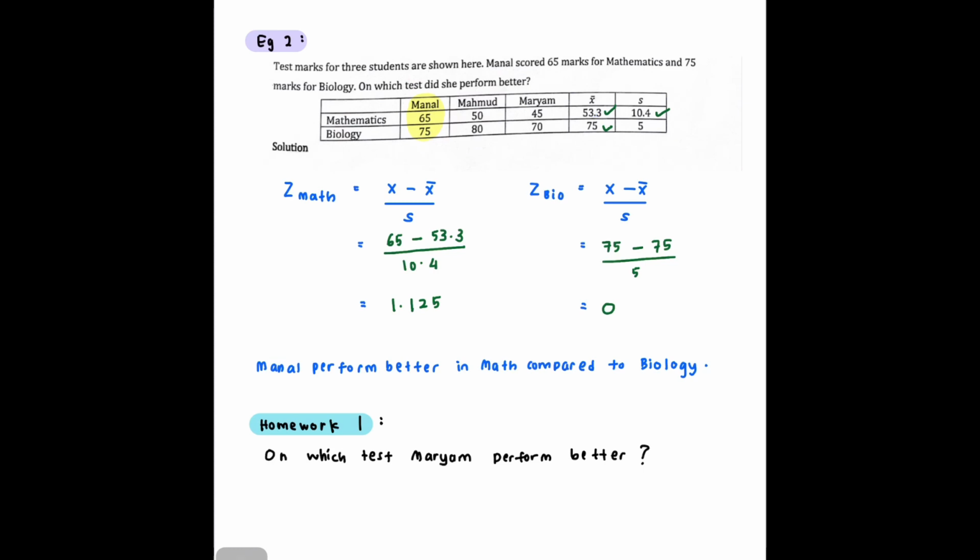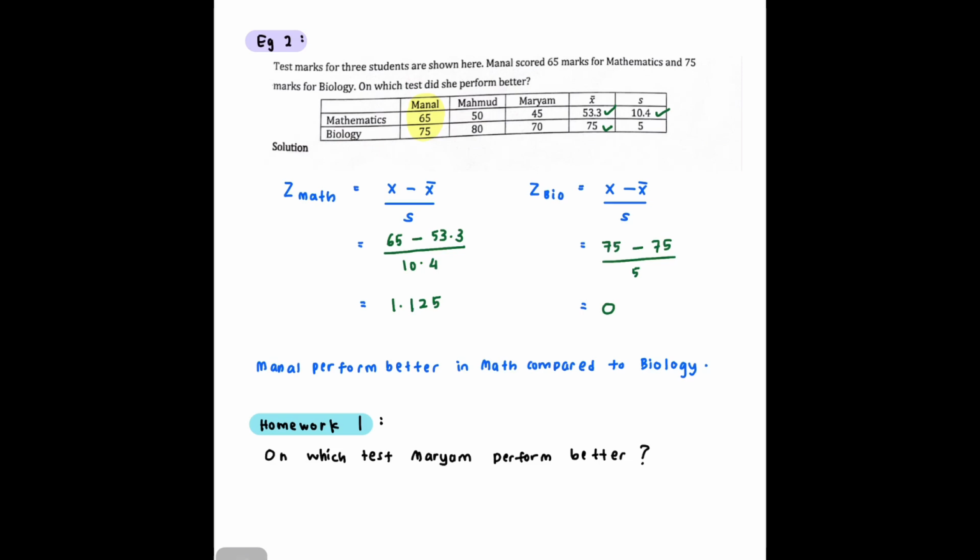If you look at Manal's score just now, the mean for maths is actually 53, and Manal's mark, which is 65, is more than the mean mark. But for biology, Manal got the average mark only, which is 75. Okay, so that's how you conclude which is better if you have the raw marks given.